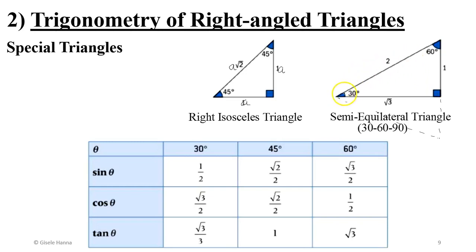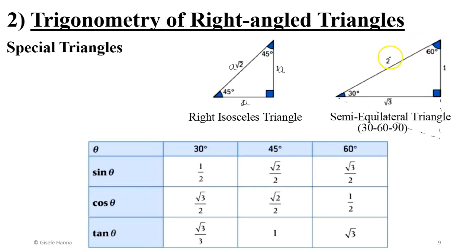So over here, having the hypotenuse equal to 2, in that case the short leg of the triangle would be half of the hypotenuse, which in this case is 1, and by applying Pythagoras we would have the long leg of the right triangle being equal to square root of 3.